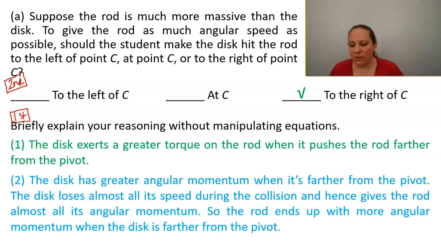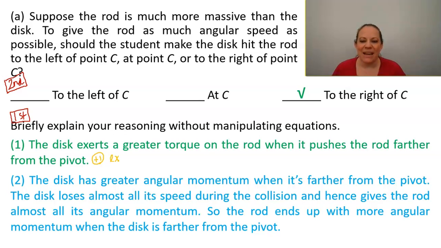And then our scoring for this part, we're going to get a point for either one of these. There's my cursor. I lose it at least once every video, sometimes more than once.